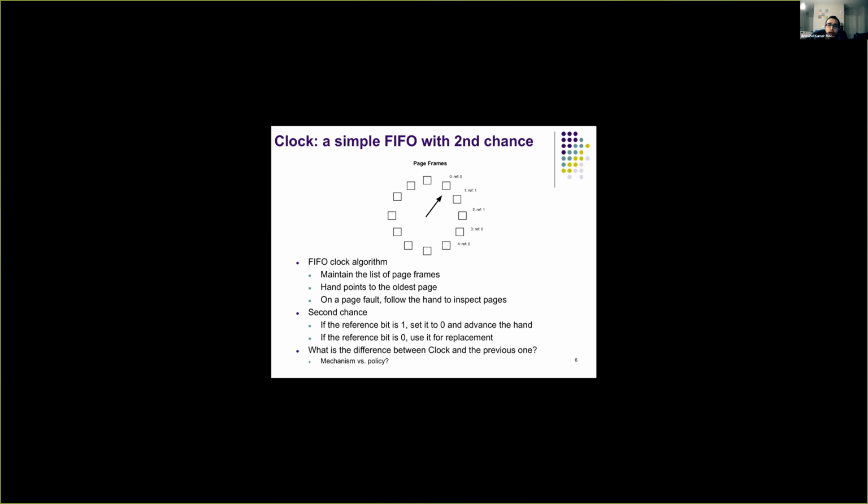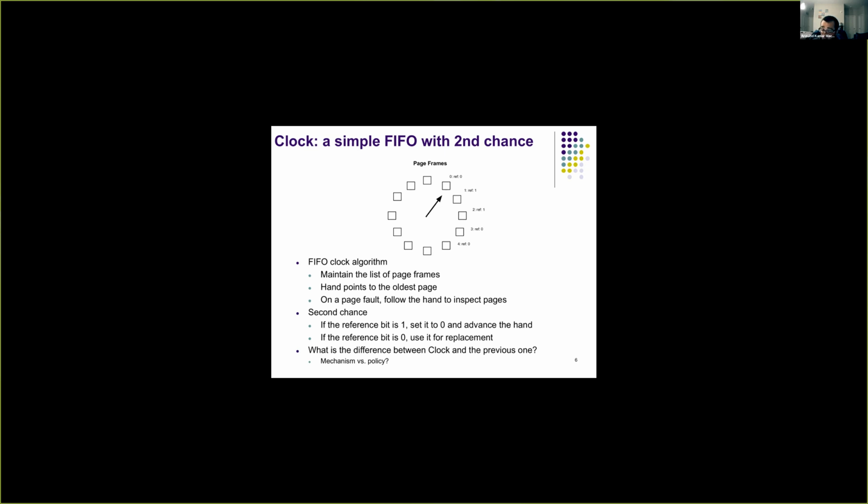Okay. And the operating system maintains a handle, or a clock hand, which, let's say, starts by pointing to the first page. So on a page fault, we check the page that is pointed to by the hand of the clock, and we see if the reference bit is set. If the reference bit is set, we unset it and we move the clock hand to the next page.